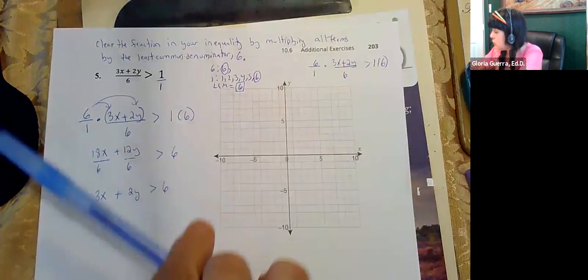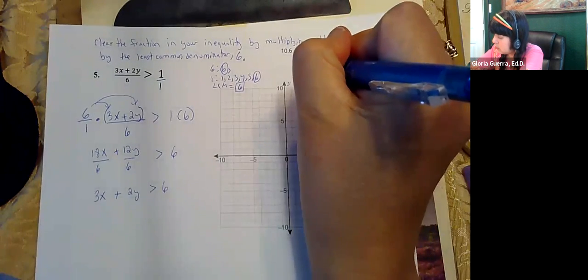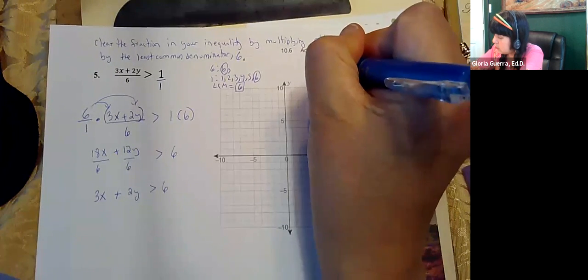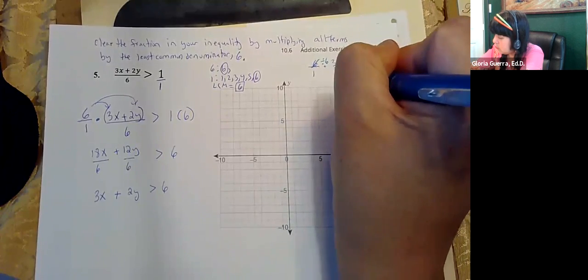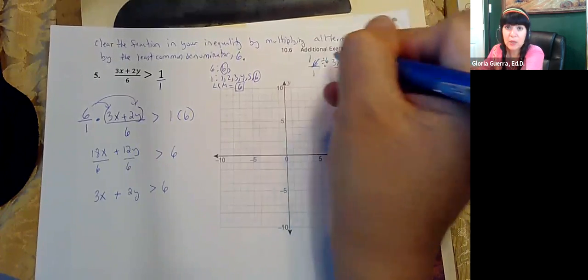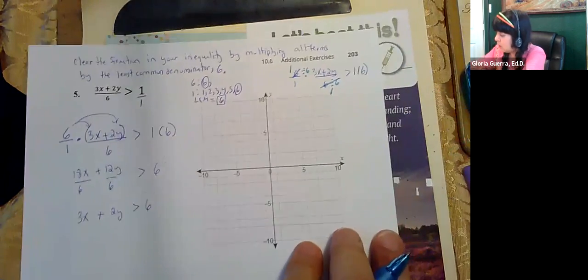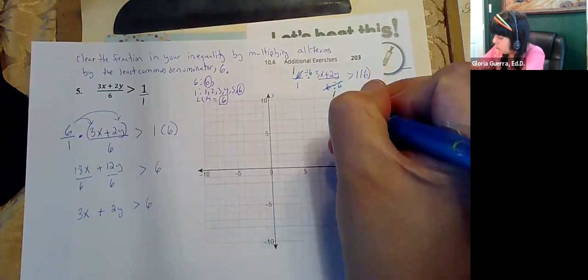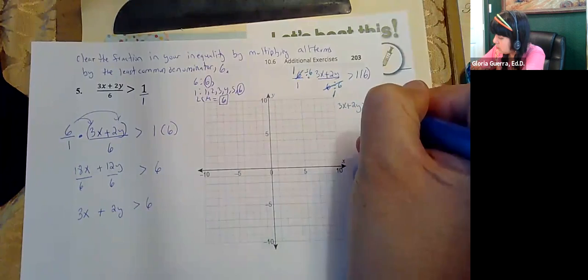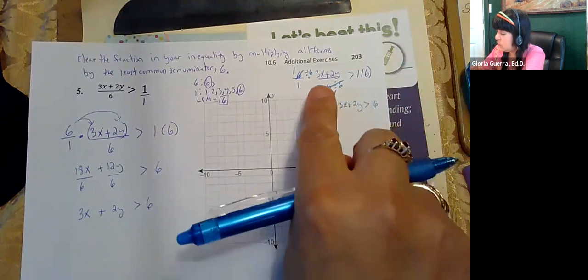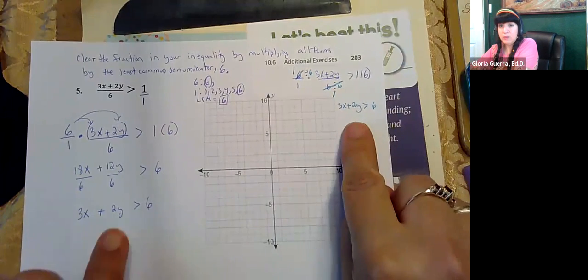You could have just canceled diagonally, see, 6 goes into 6. You cancel those out, and then you would have been left with 3x plus 2y is greater than 1 times 6, which is 6. 3x plus 2y is greater than 6.